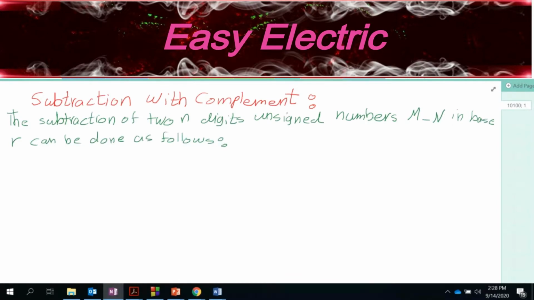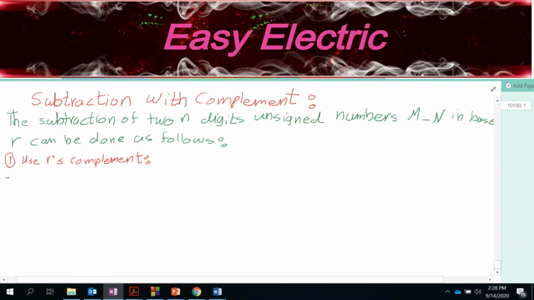Let's start first with the r's complement. So I put number 1, just use r's complement. So let's see how we could calculate the subtraction using just the addition, right? You just need to follow these steps, okay?